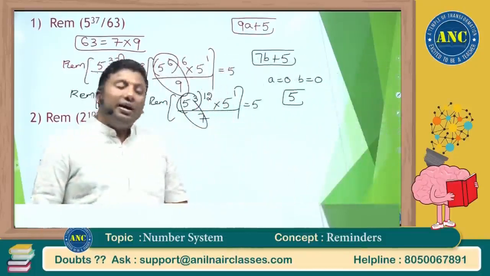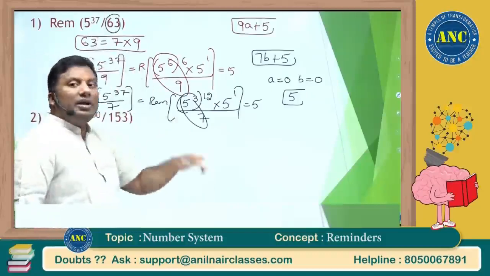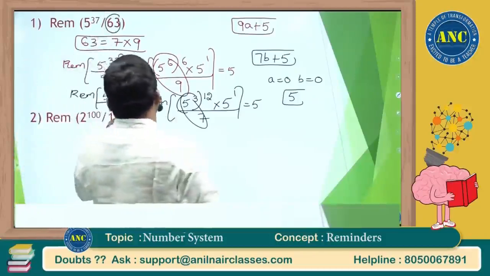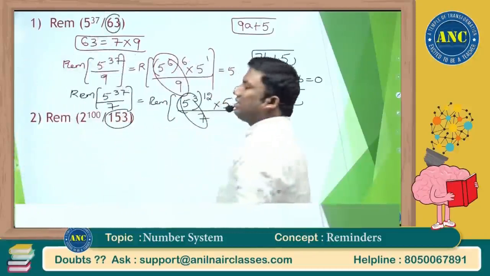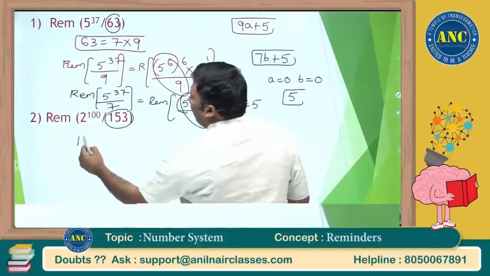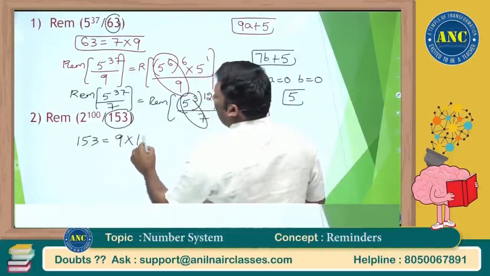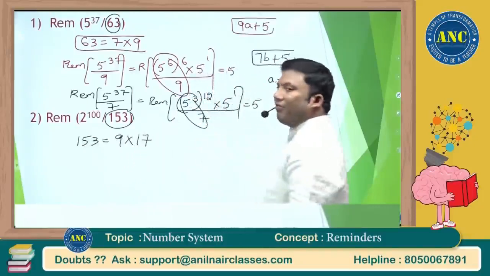I hope the idea is clear. Euler's theorem is used when the denominator is a composite number. Take 153, it is nothing but 9 into 17.